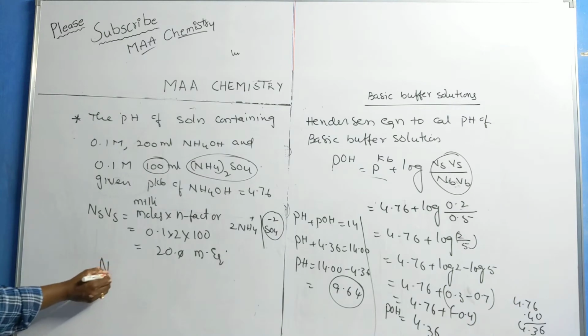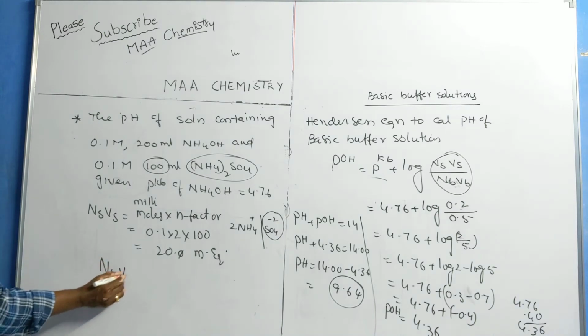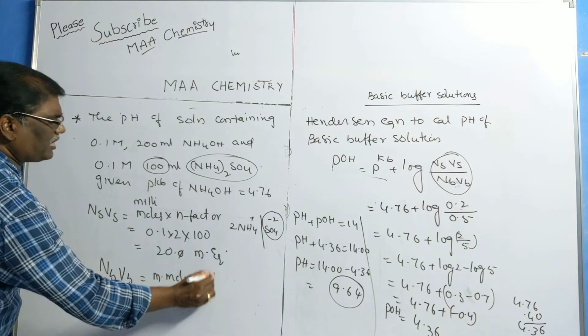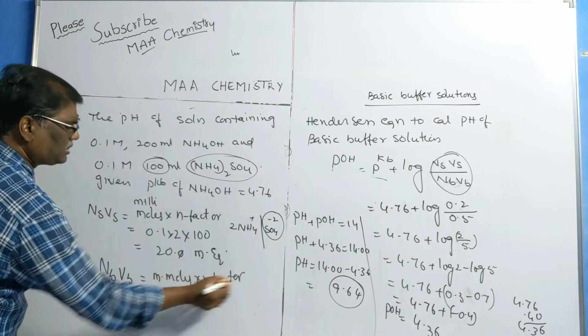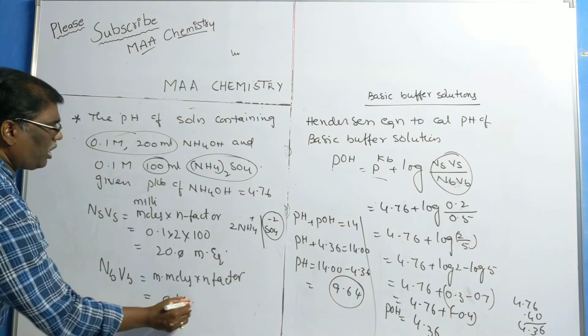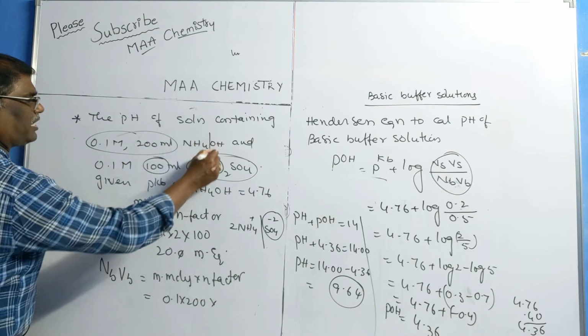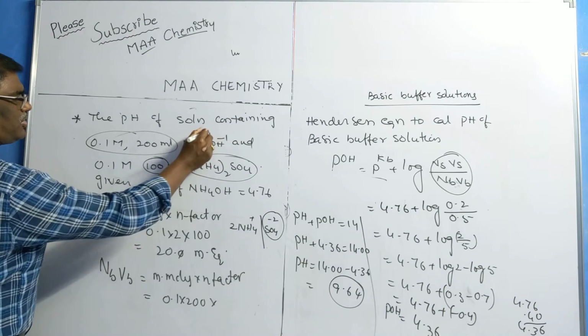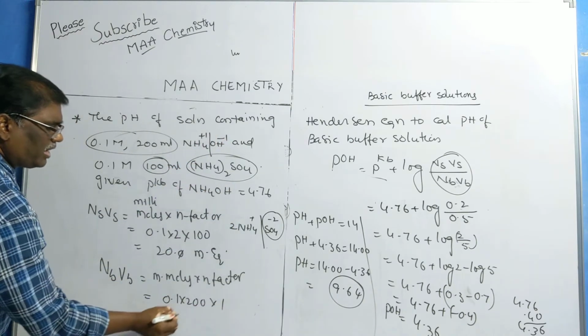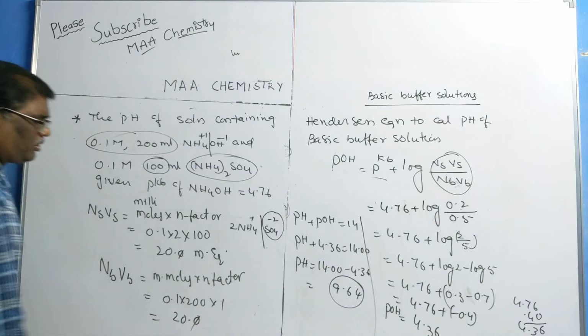Now we go for milli equivalent weights of base, which is equal to millimoles into n factor. How many millimoles are we given? We are given 0.1 into 200 into n factor. Ammonium hydroxide is taken as ammonium plus and OH minus. Thus we are getting 20.0.